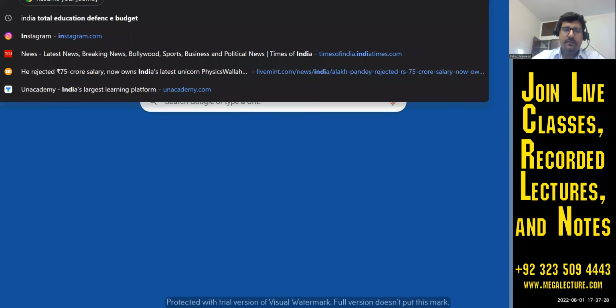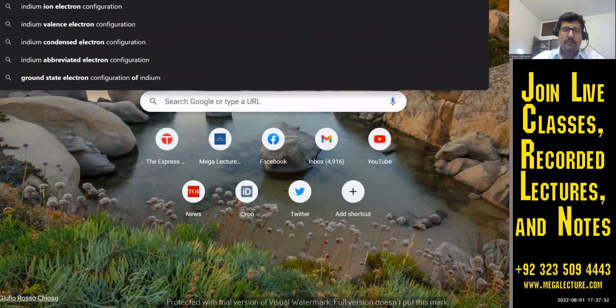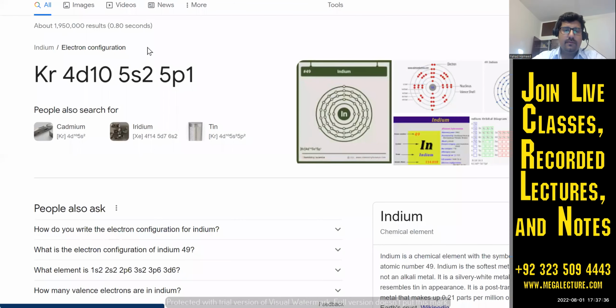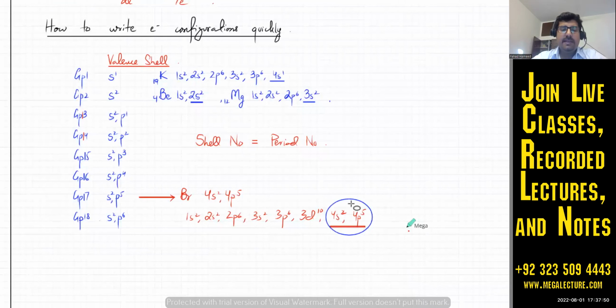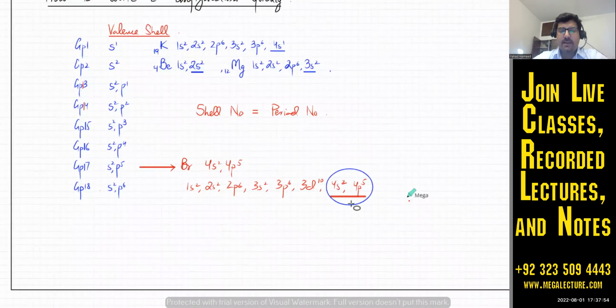So we are S2P1, so it's in group 3. The outermost shell is 5s2 and 5p1. That's what indium is. So 3 electrons in the outermost shell. अच्छा, अब ये कि we know the shortcut. We know that we can figure out the shells as well.